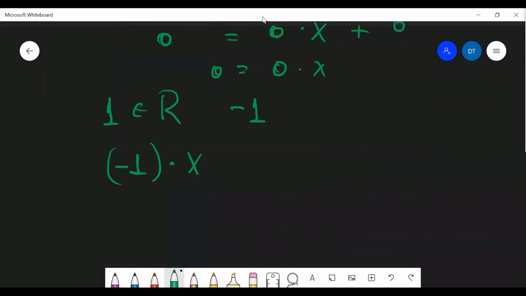What I'm saying is that this is exactly the same as multiplying x by the element minus 1 on the right, and the result will be minus x. Let's check these properties. So if you multiply by minus 1, it's exactly the same as taking the inverse of the element x with respect to addition.